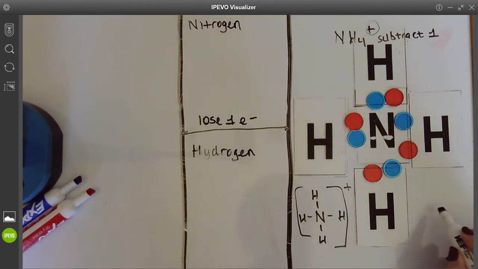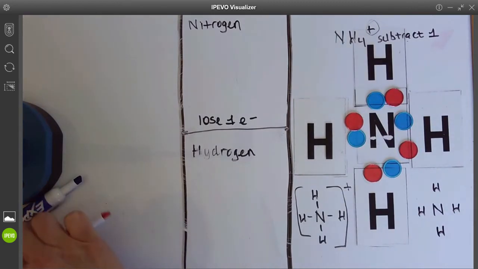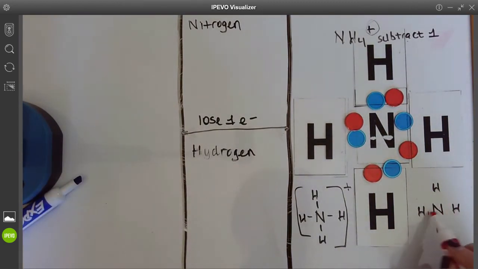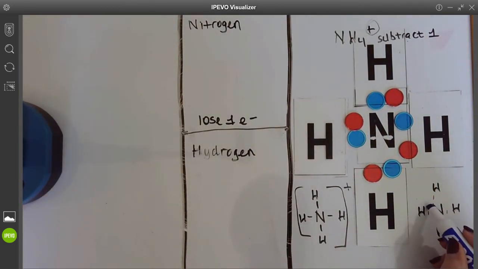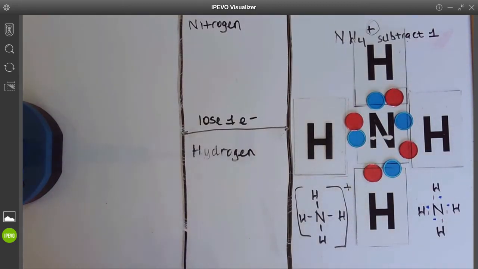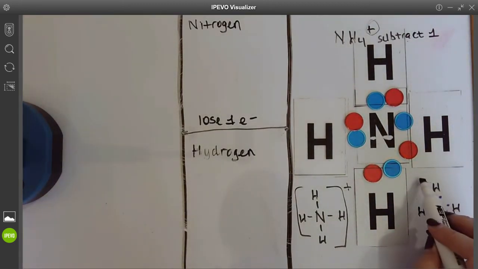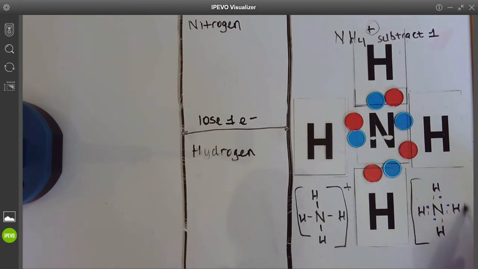Okay. And then we can also draw it with dots. And even if I draw it with my dots, I'm still going to need to put those brackets around the structure with the charge in the upper right-hand corner.